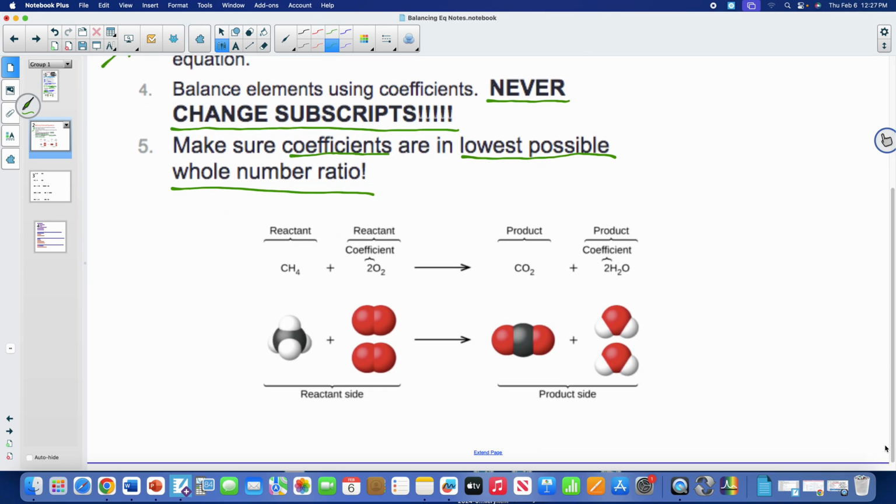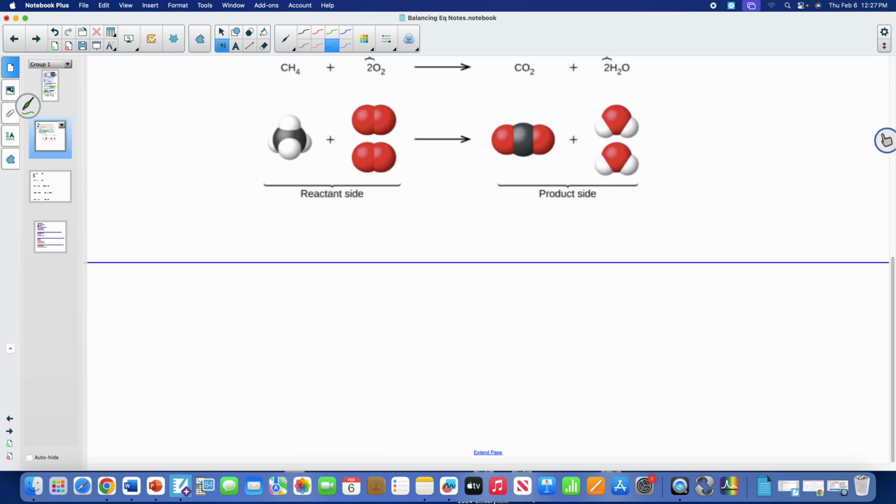Not this one. This one's not easy. Well, that one's not too bad. Easy peasy.